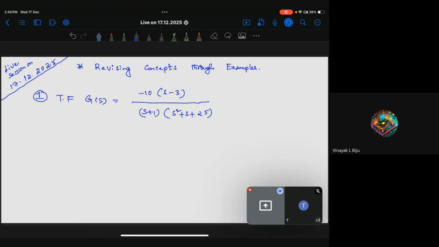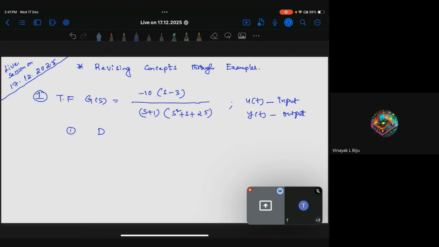These are revisions of concepts. If you have any doubts, you can ask, and some of the concepts may be very familiar to you, so they seem to be very trivial problems. Let's say u of t is the input and y of t is the output.